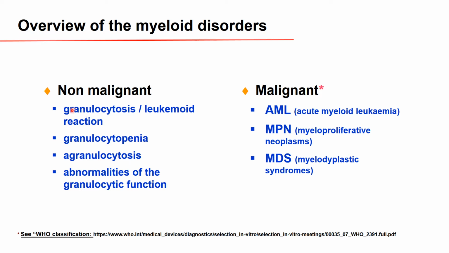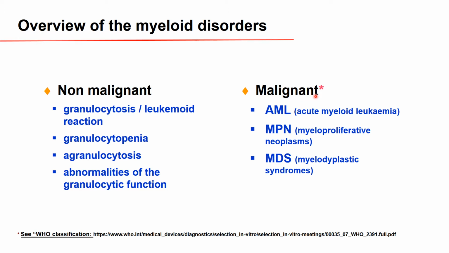The non-malignant ones can be manifested as granulocytosis or leukemoid reaction, which we will talk about later, or we have granulocytopenia, a decreased number of the granuloid cell line, or agranulocytosis when we have no granulocytes at all. And we can have a problem with the function of the granulocytes, and these are non-malignant disorders.